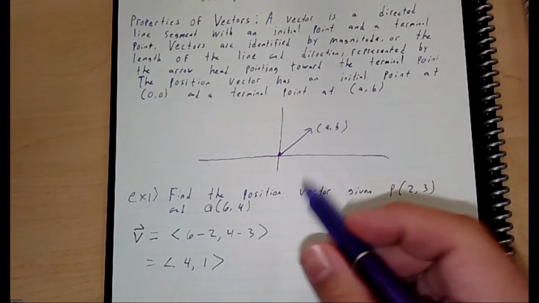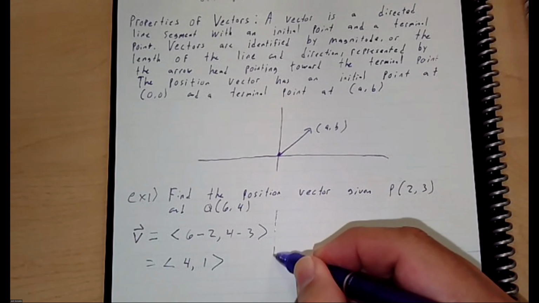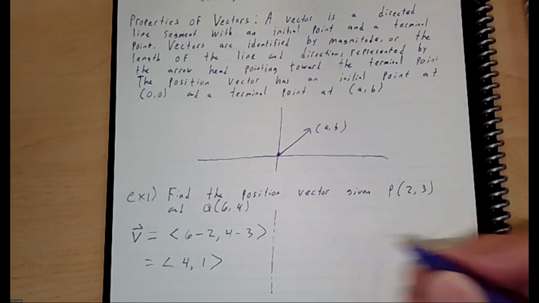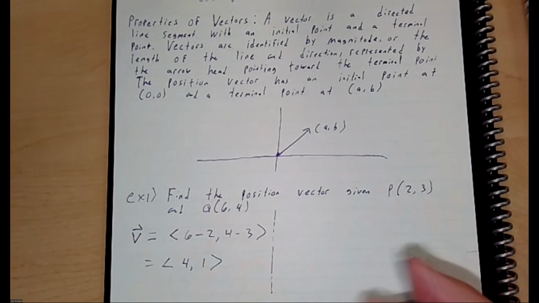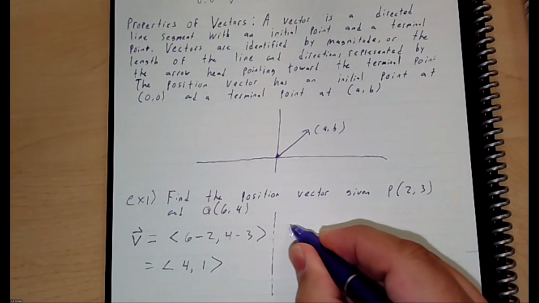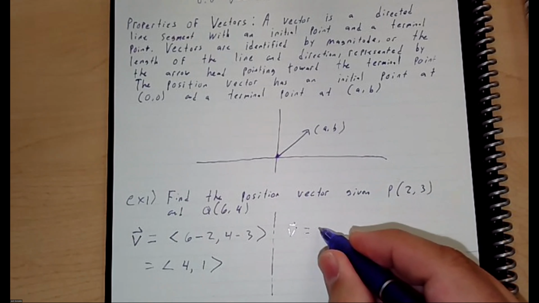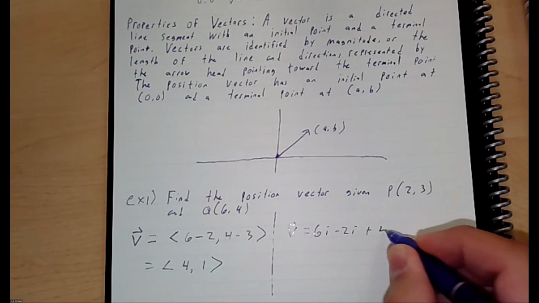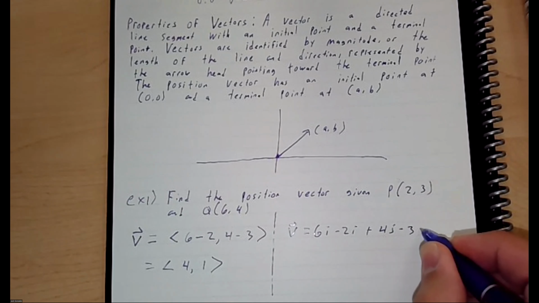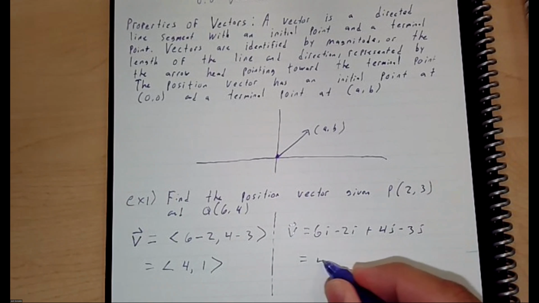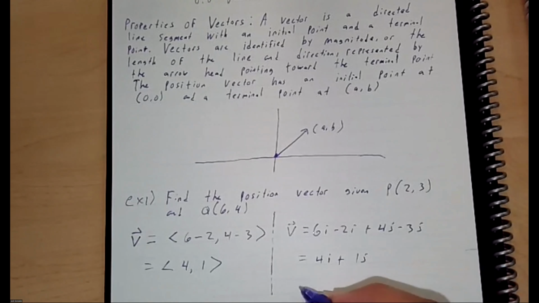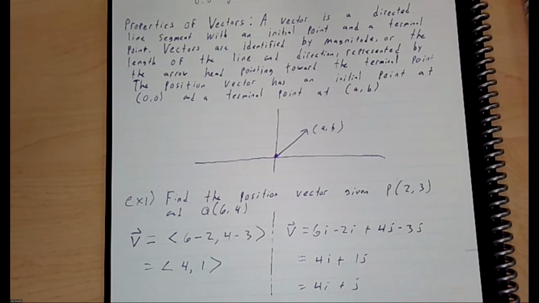The other way they might write this, in the homework, they're going to expect you to know both, is with the i j components. So vector v would be 6i minus 2i plus 4j minus 3j, which would be 4i plus 1j, or just j.